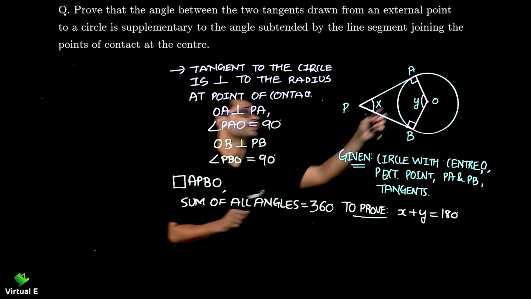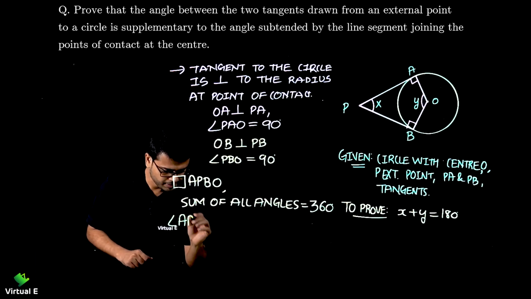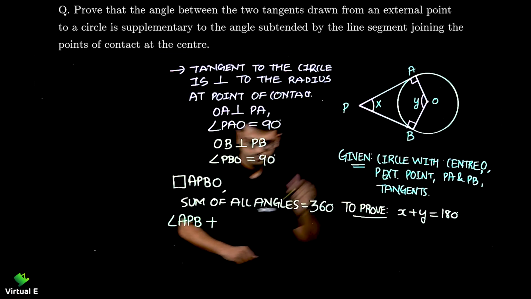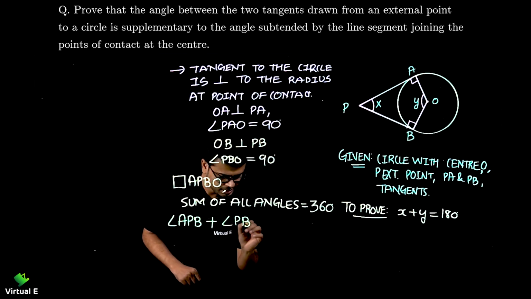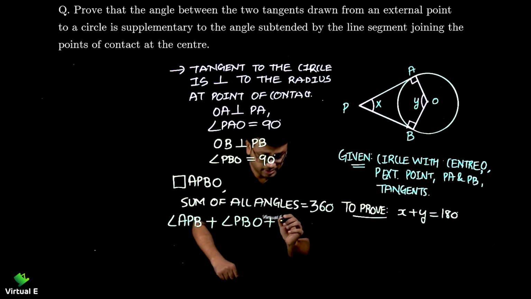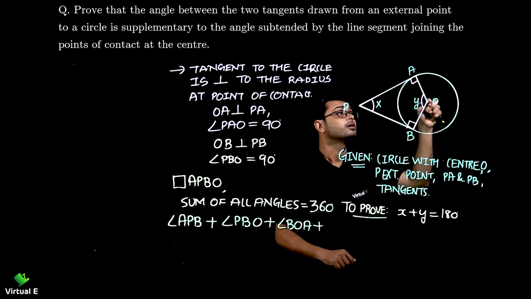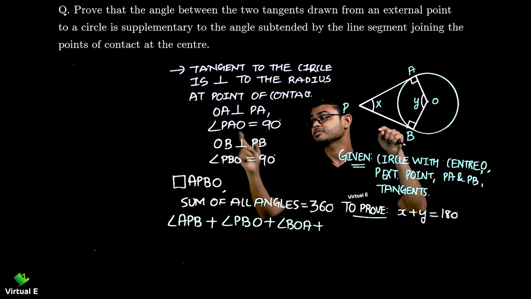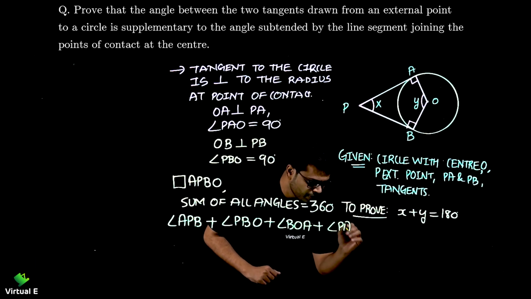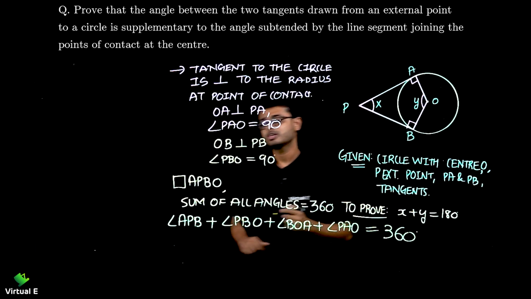So first angle, let's start: angle APB, then the second angle PBO, plus angle BOA, plus the last angle PAO, is equal to what? 360 degrees, because it is a quadrilateral.